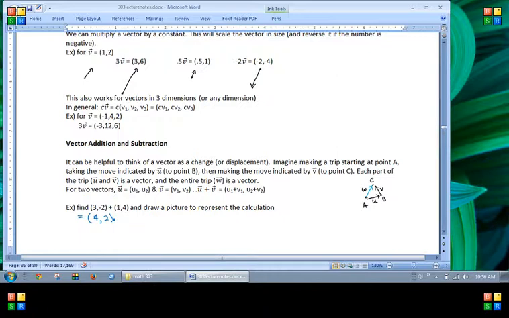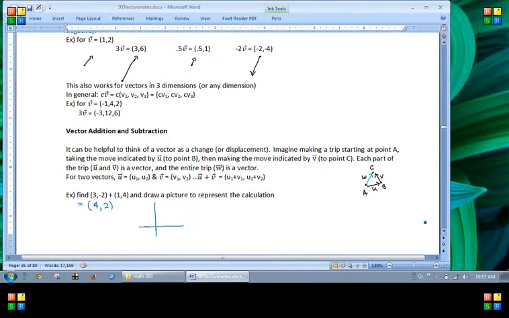Okay, so what does this mean geometrically? Wait. I'm sorry to interrupt, Professor, but this is to be u1 plus u2. So the picture, okay. So we've got 3, -2. So let's see. First we go 3, -2.